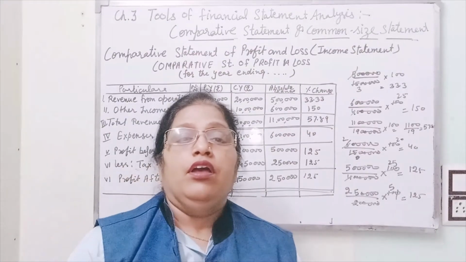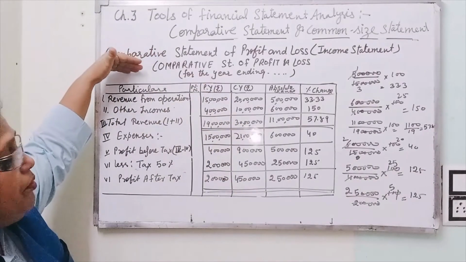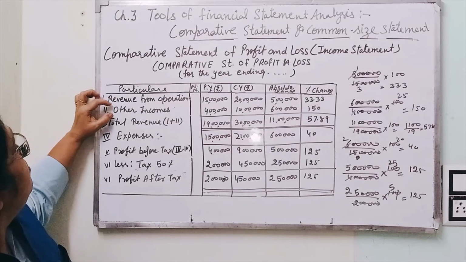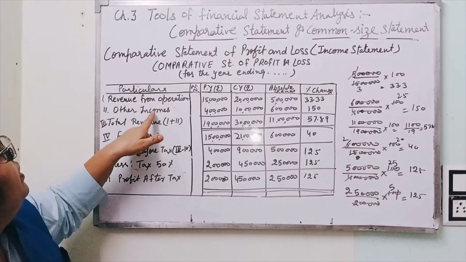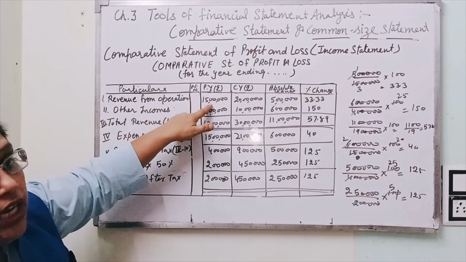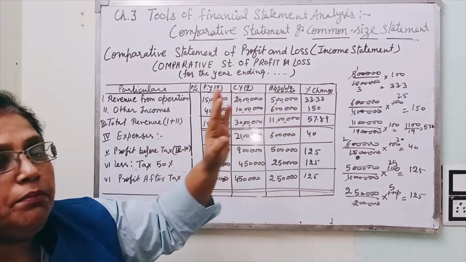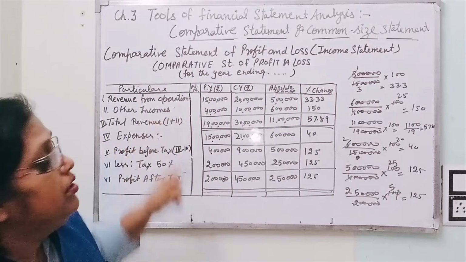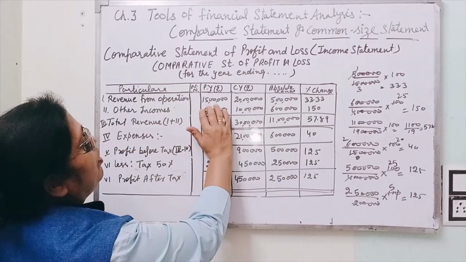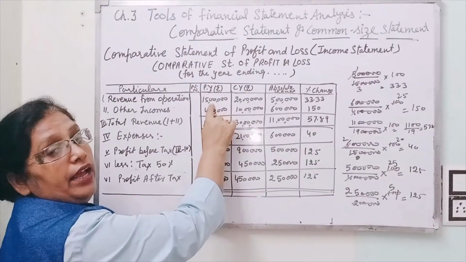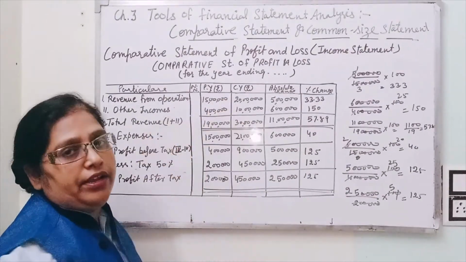So another type of this question may be revenue is given to you, other incomes are given in the percentage, means suppose revenue is 15 lakh, other income is given 33 and 1/3% of revenue from operation, means here we have to write the amount after calculating 33 and 1/3% of 15 lakh, that will come to 5 lakh.